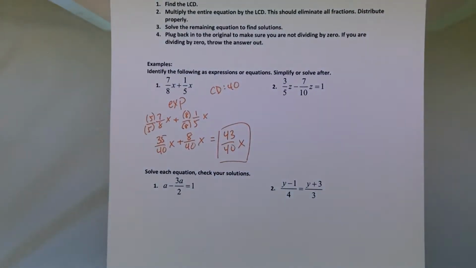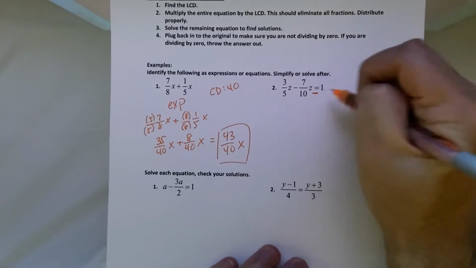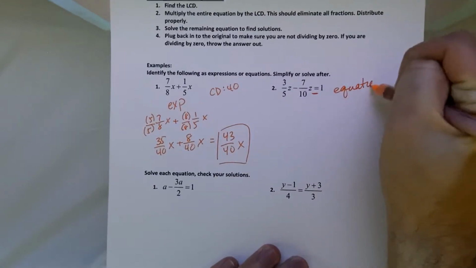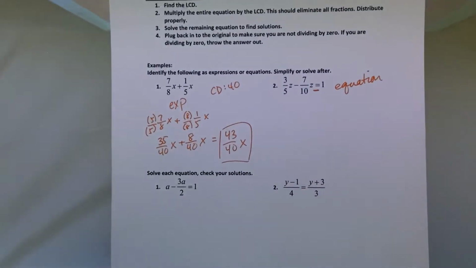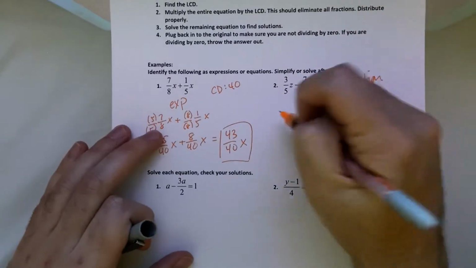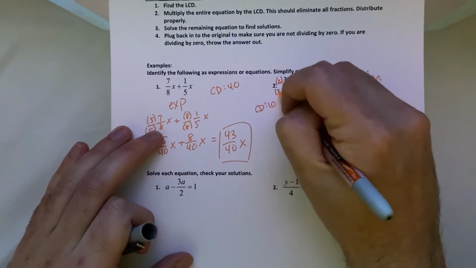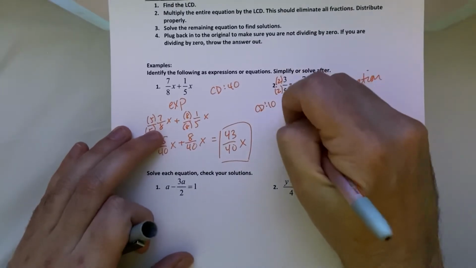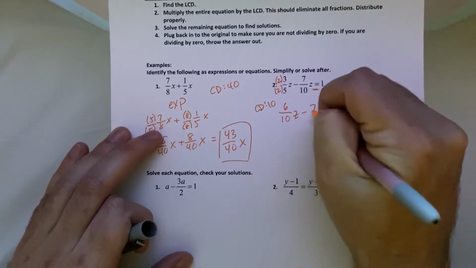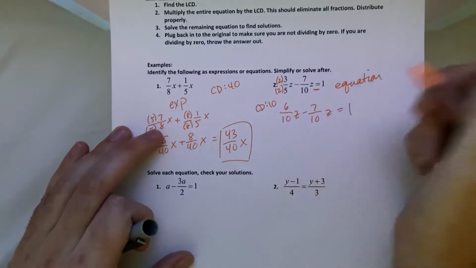Compare this to number 2. 3/5 z minus 7/10 z equals 1. See the equal sign? This is an equation. But same strategy, I need a common denominator, which in this case is 10. So I need to multiply the first fraction by 2. So 6/10 z minus 7/10 z equals 1.